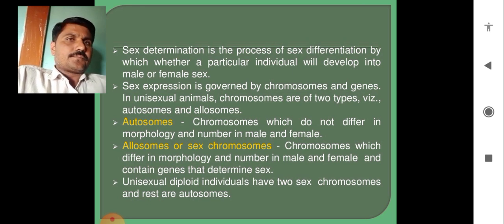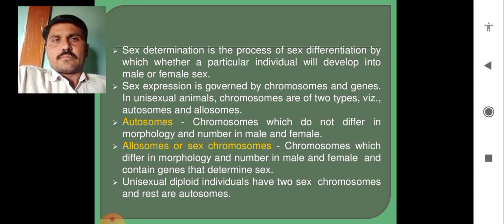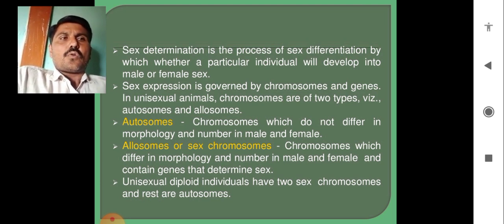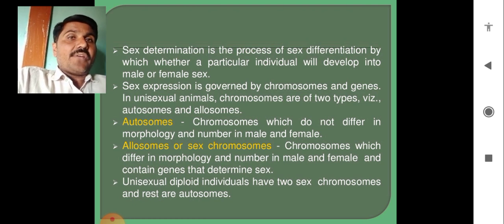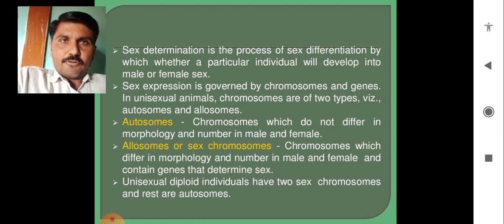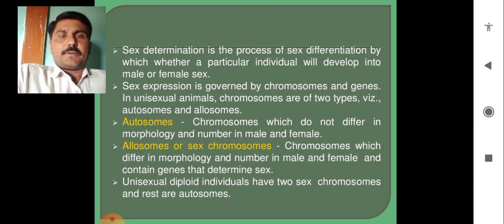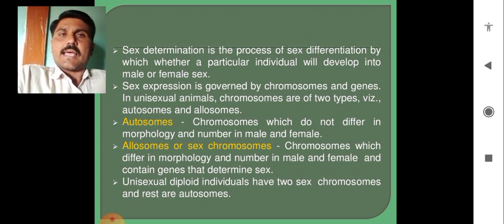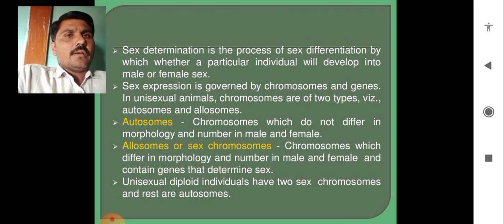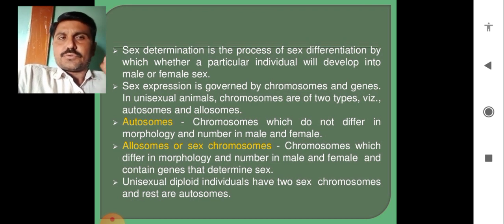The term autosomes defines chromosomes which do not differ, which cannot be distinguished, which show no difference in their morphological appearance as well as in number, in both the genders, male and female. This is regarding the autosomes.